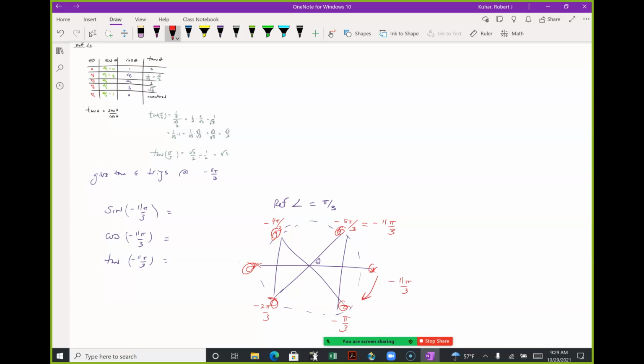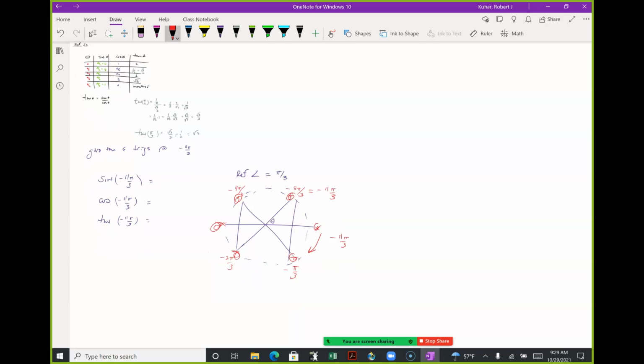Is that making sense? Yeah, that makes sense. Everyone okay here? Why do we go counterclockwise and not clockwise? I don't know. Some of the ancients decided that's what we're going to do. In Euclidean geometry, which is the geometry we all took in high school, Euclid is the one who wrote the book.